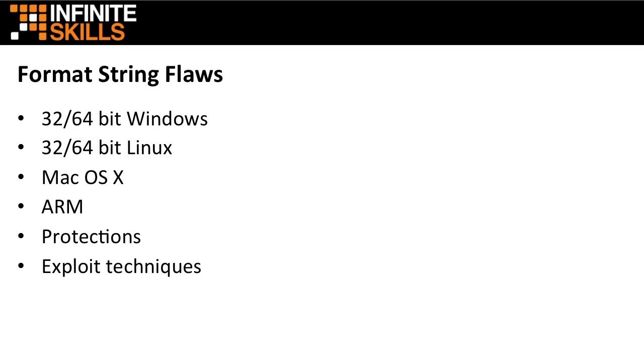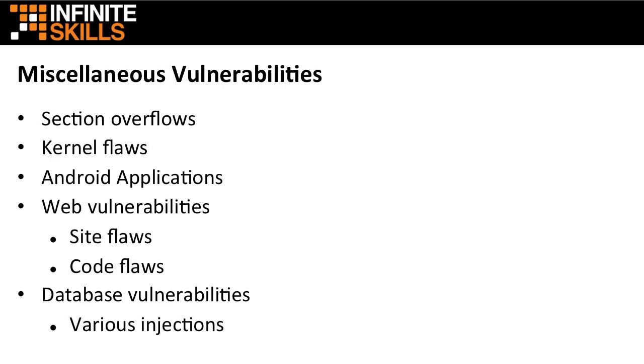In particular, Linux and the Mac platform offer some protections by default that are not there for the Windows users. We'll talk about the different exploit techniques, and we'll go through some very detailed examples and show you how you can exploit these flaws. We'll also cover some miscellaneous vulnerabilities, such as section overflows.